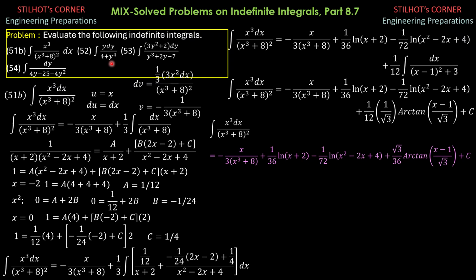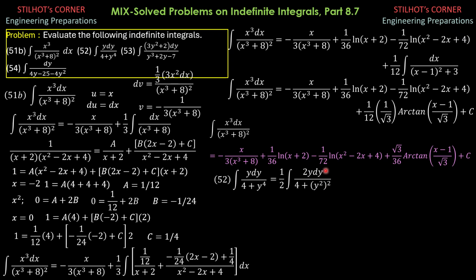if you let u be y squared, the differential is 2y dy. There's already y here, so 1/2 integral of 2y dy over 4 plus y squared squared in preparation for arctan. So we rewrite this as 1/2 integral of quantity 2y dy over quantity 4 plus y squared squared.